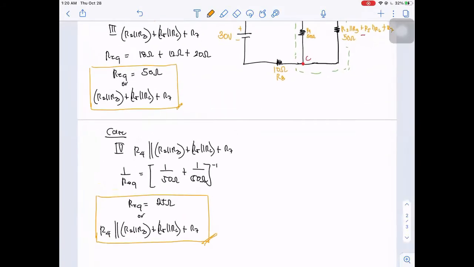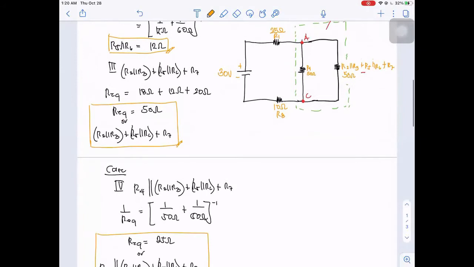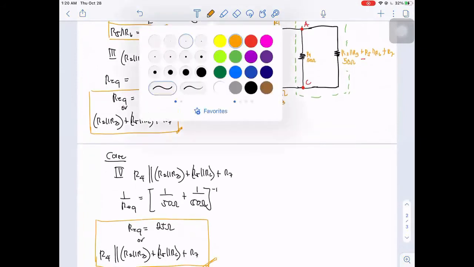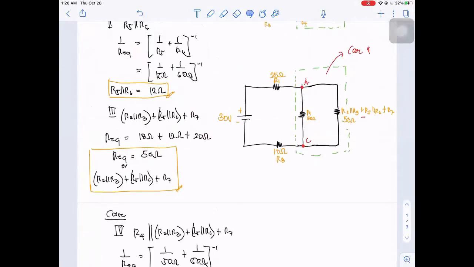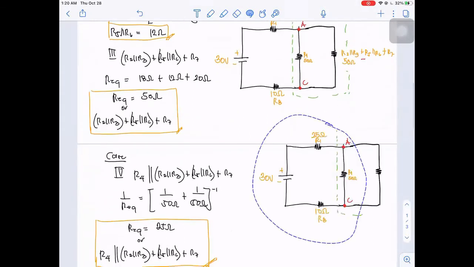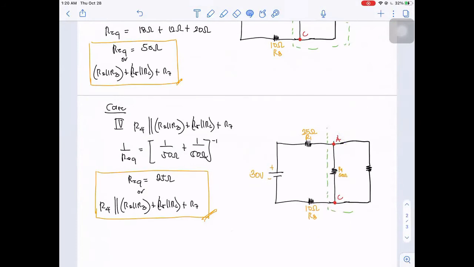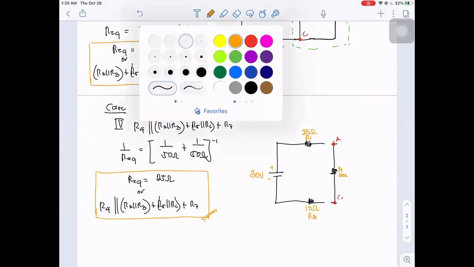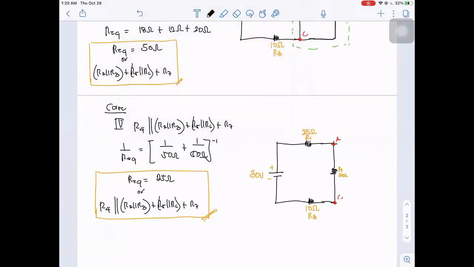After that, we have now our new equivalent circuit, and this is 25 ohms.